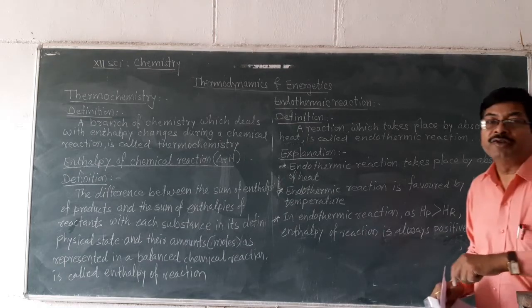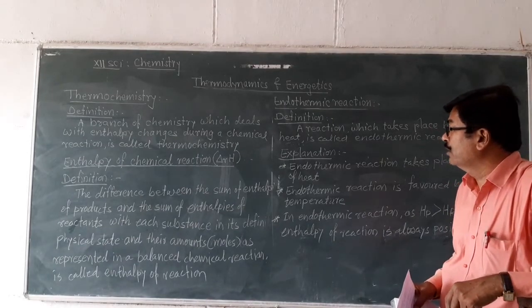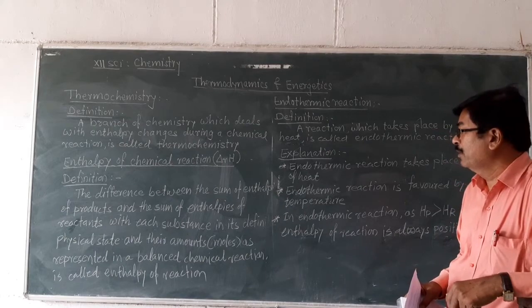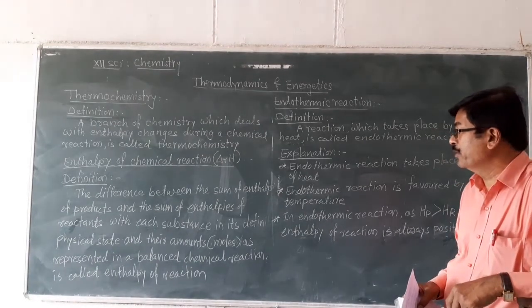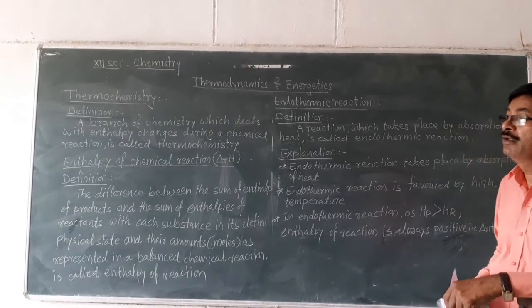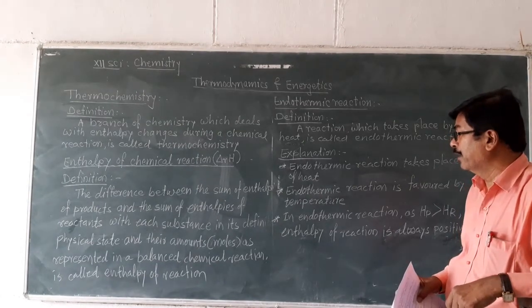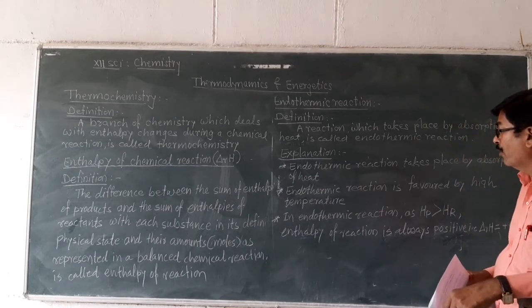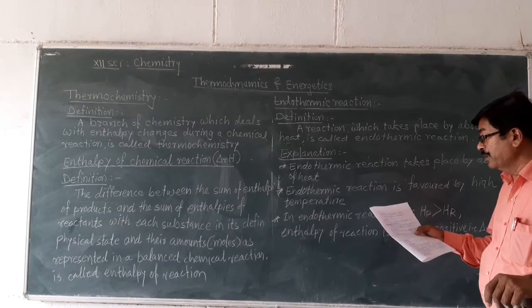A reaction which takes place by absorption of heat is called endothermic reaction. In endothermic reaction, heat is absorbed by the system and it is favored by high temperature. In endothermic reaction, enthalpy of products is greater than that of enthalpy of reactants, and therefore enthalpy of endothermic reaction is always positive, ΔrH positive.